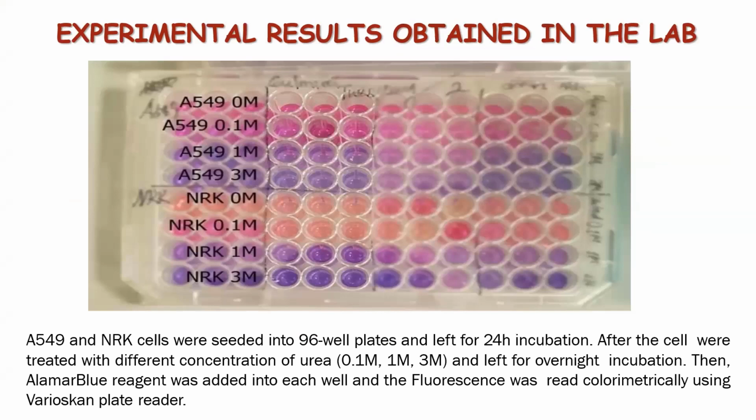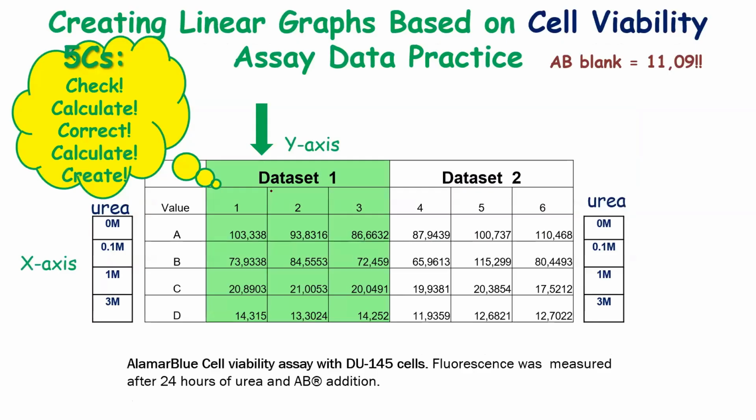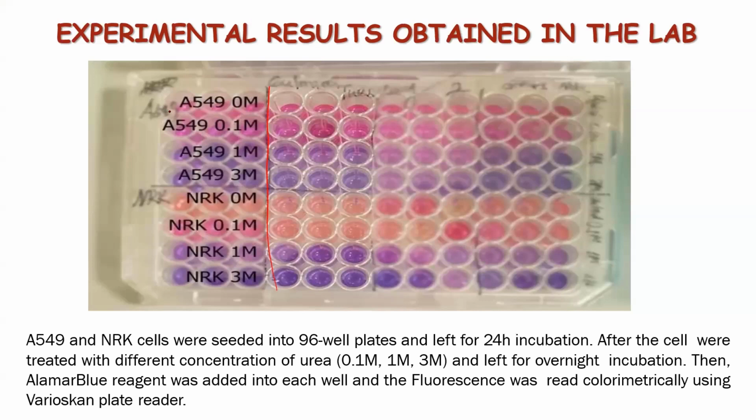here, again, just because we had some PC failure, we don't have the picture of the real 24-well plate, but we have a picture of other cells. In this case, it is A549 and NERC cells that had the same cytotoxicity test.